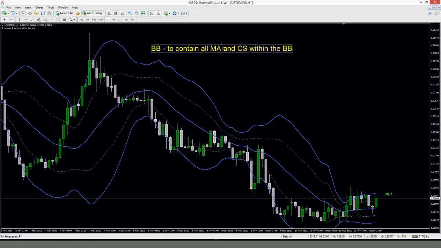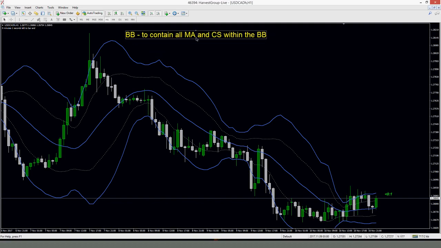So this is the main function of the Bollinger Band. We must understand exactly what this means. The Bollinger Band's main function is to contain all moving averages and candlesticks within the Bollinger Band. Anything that is outside the Bollinger Band is abnormal. So there should be an explanation why things are outside the Bollinger Band. When it does, we need to understand why it's doing that.